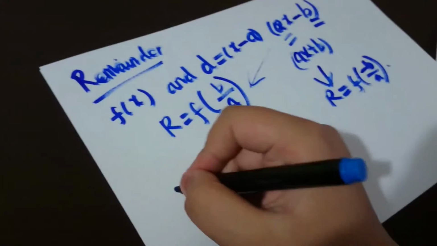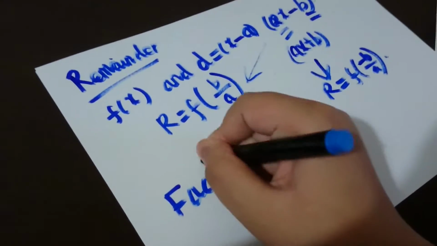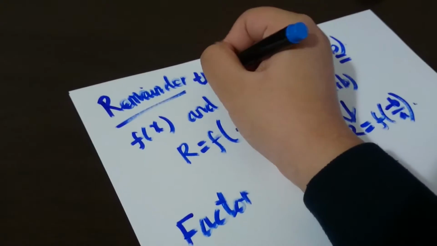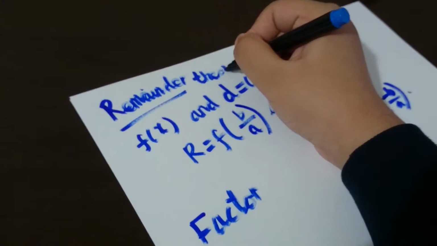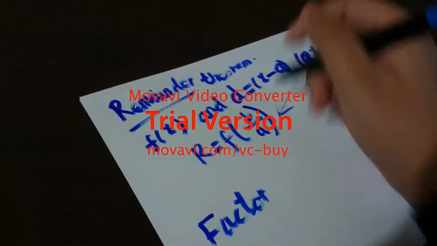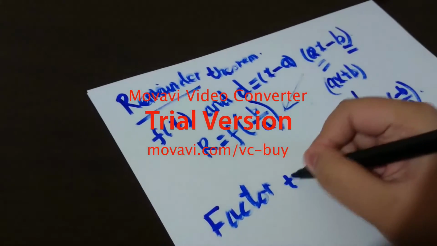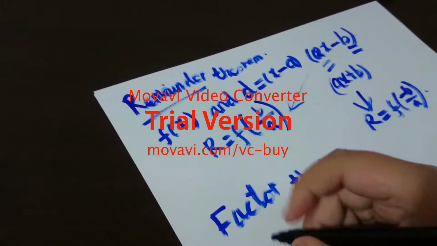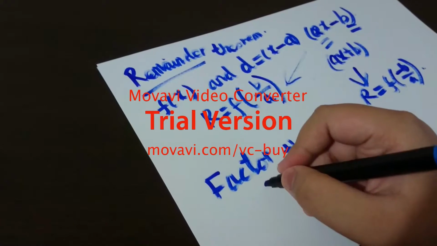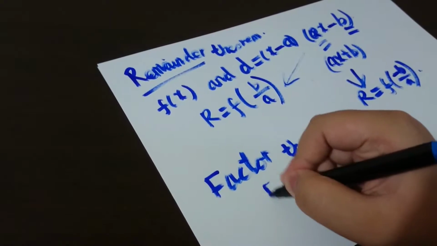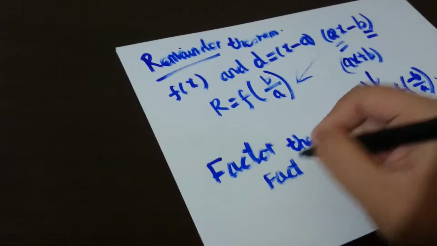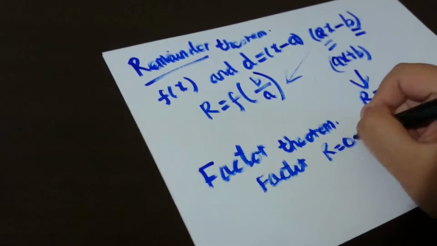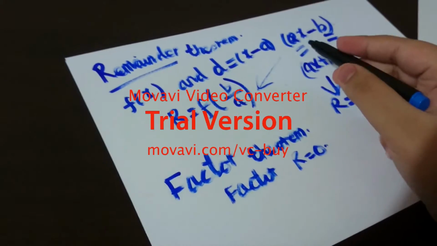Now here's where the factor theorem arises. So this is the remainder theorem. And we have our factor theorem, which states that obviously for a factor, as I showed you, r equals 0. So use this to our advantage.